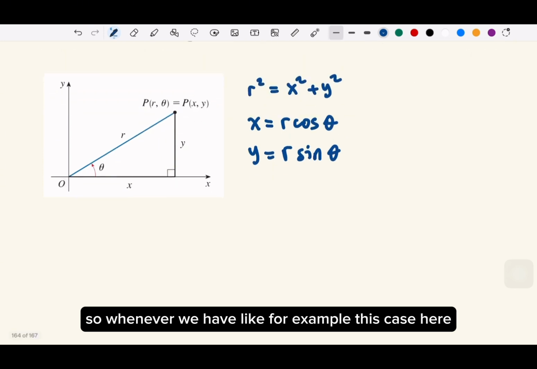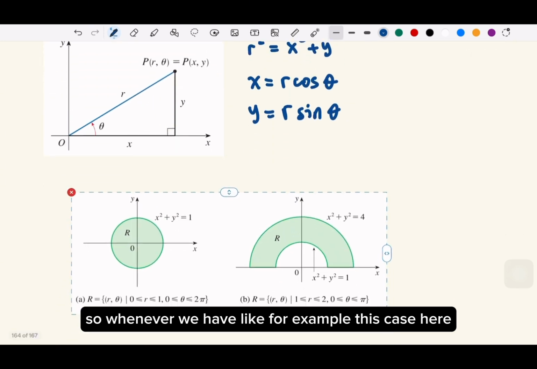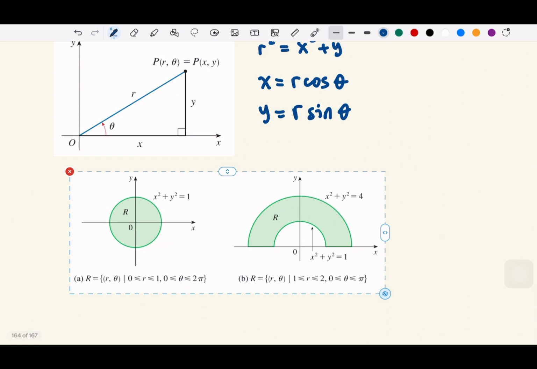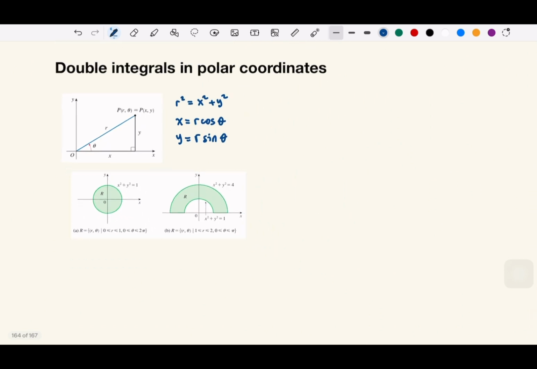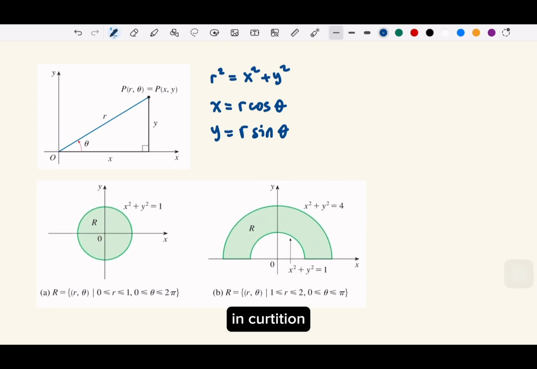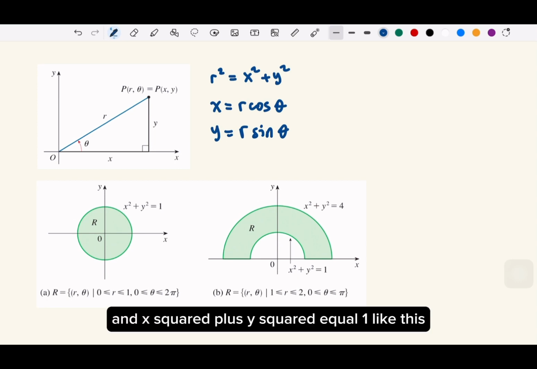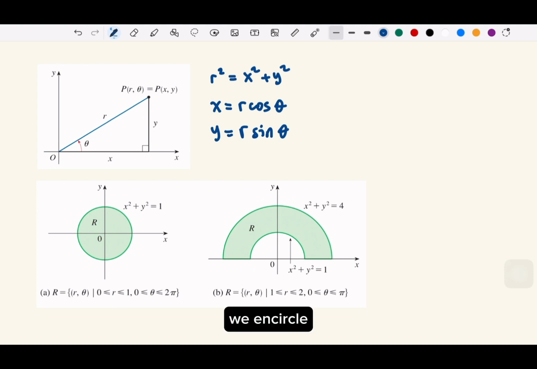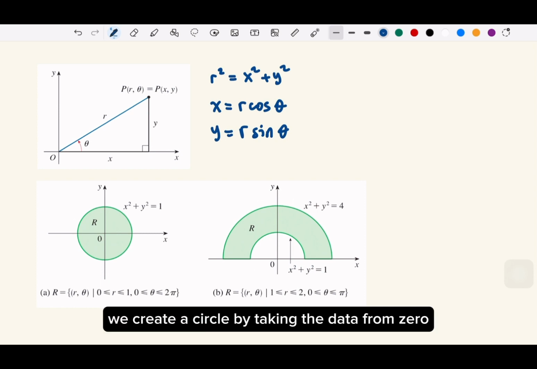So whenever we have, for example, this case here, we have a circle in Cartesian, which is x squared plus y squared equal 1, like this. We can think of this like from this axis, we create a circle by taking the theta from 0, full circle, and then back here, which is 2 pi, right?